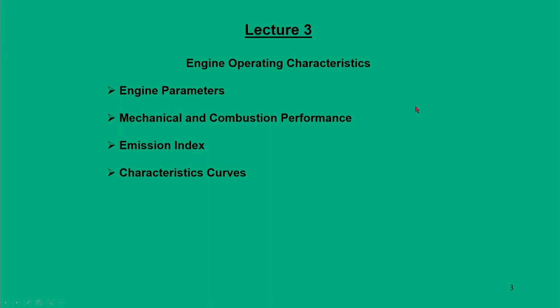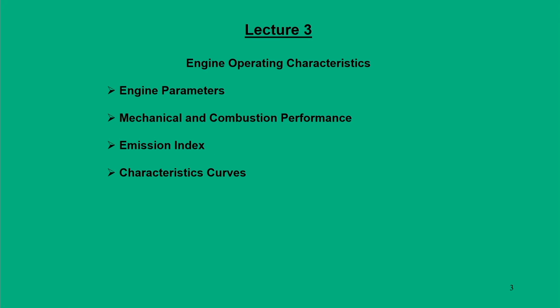In the engine operating characteristics, the following segments we are going to cover. First, we will introduce some important engine parameters, then we will discuss mechanical and combustion performance of the engine, and then we will discuss the emission index, because that is the emission norms that every engine has to follow.